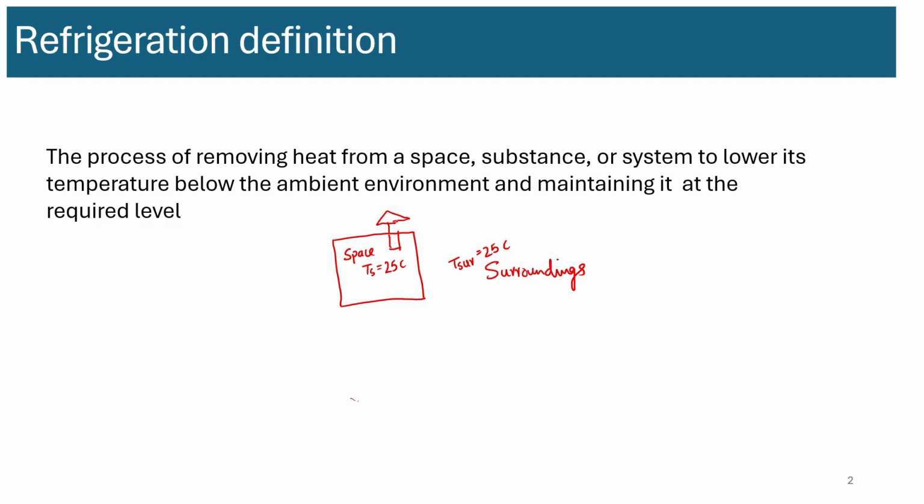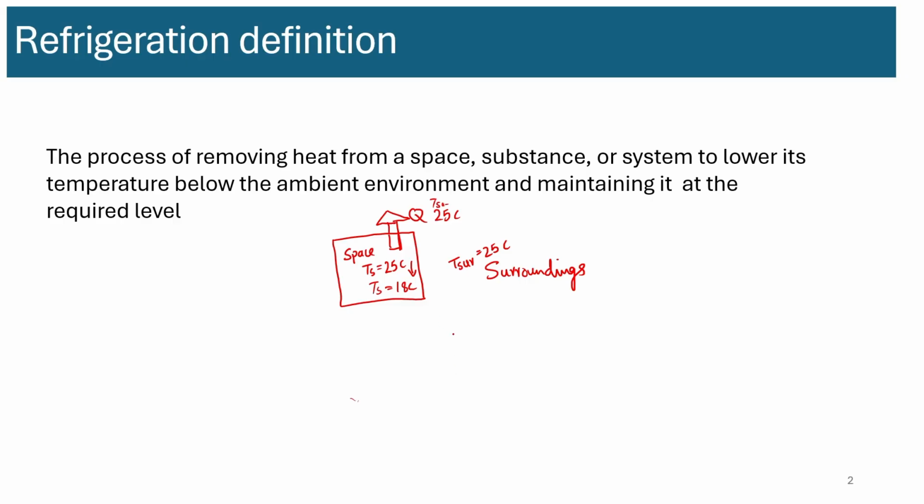Let's call this heat removed Q. When you remove heat, the thermal energy drops and the temperature drops, and let's say it goes to a final temperature of 18 degrees C. So you're removing this heat and you're probably transferring that heat to the surroundings, which is at 25 degrees C. So the process of moving heat from a space or substance and making it colder, and probably simultaneously taking that heat and passing it on to a warmer object or making something warmer, is typically what it means to be a refrigeration effect.